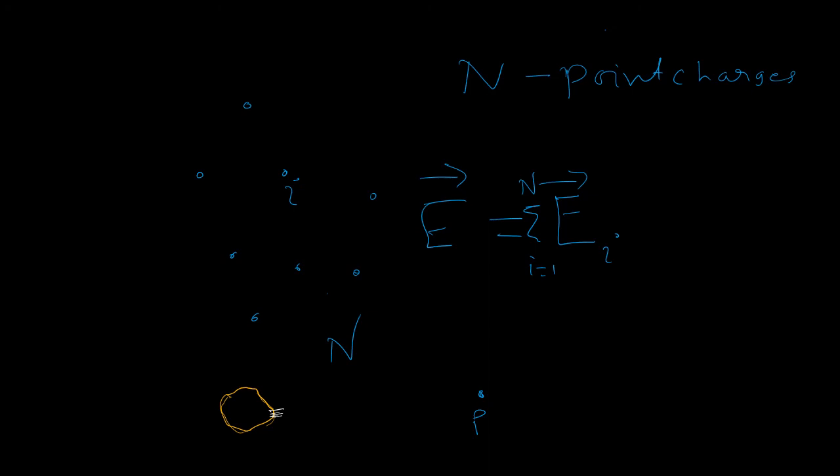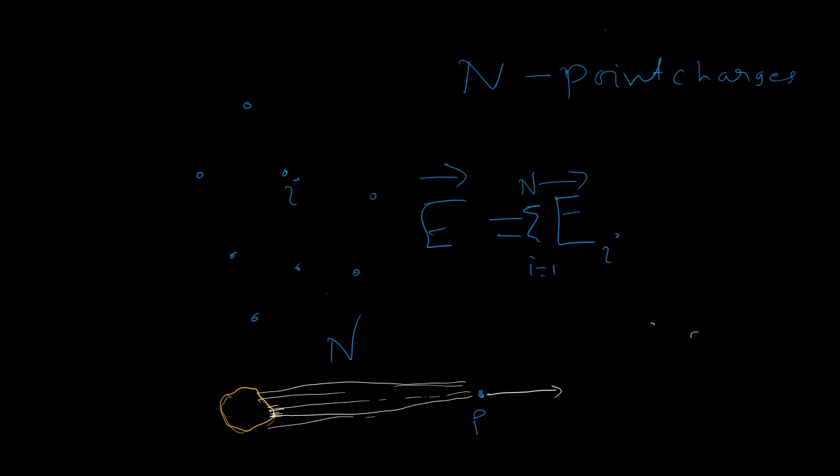Then you calculate from this point what will be the distance to this point. Using that you calculate field due to this portion. Then you calculate due to this portion, then this portion, like this.